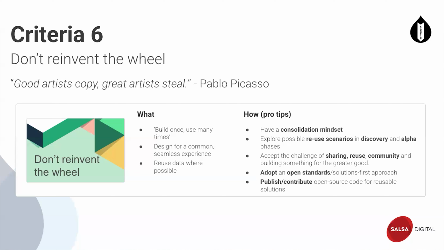So suggesting that we need to build for the greater good can be a complicated conversation, but really it is incumbent on government to share. If we can have that conversation and have some sort of pathway to build for the greater good, not just for the project, it really can benefit the taxpayer, in particular for reuse, consolidation, sharing, efficiency, all those types of things. And obviously that's in a context wider than a particular project or service that's being built.